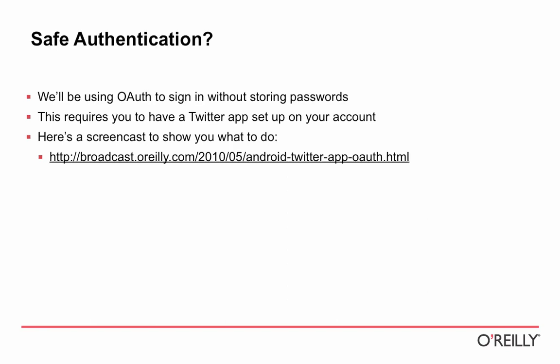let's talk a little bit about what it means when I say safe authentication. So again, OAuth was created so that users would be able to give permission to some third-party service or application to act on their behalf at a server-based application, something like Twitter. And in fact, some people from Twitter were some of the creators of OAuth.